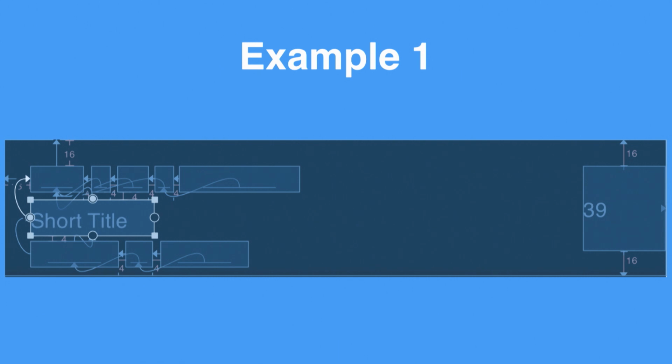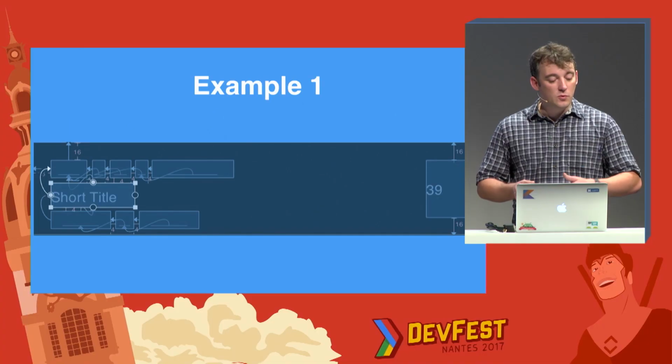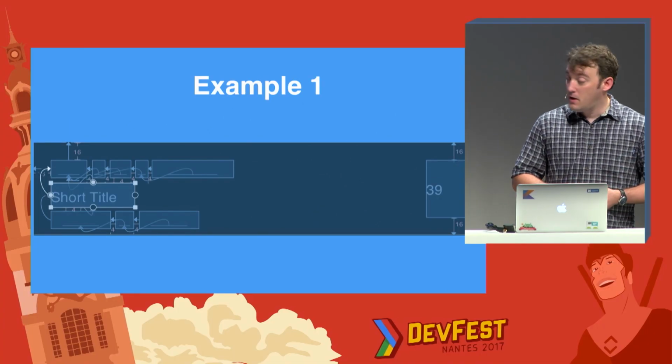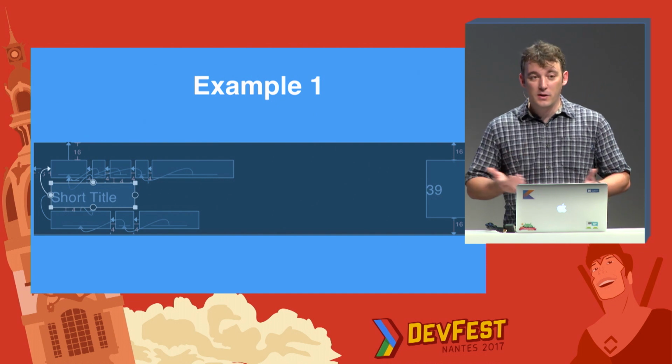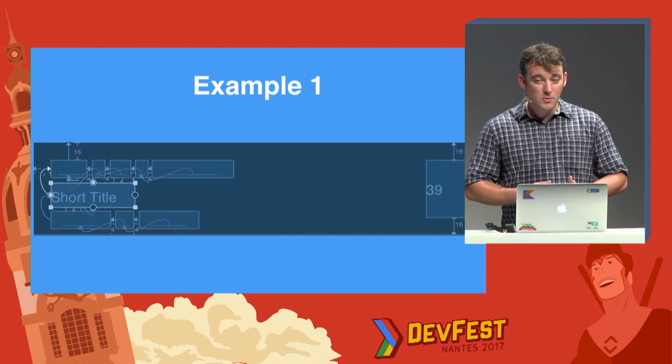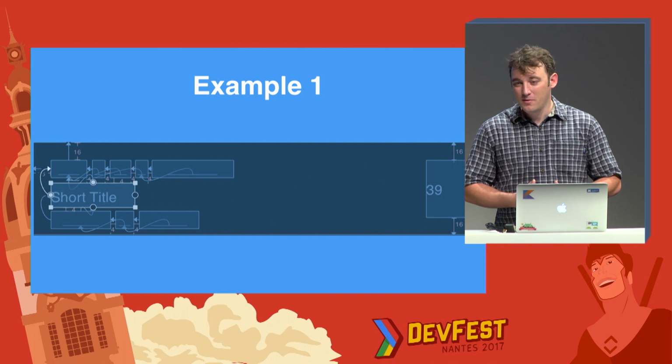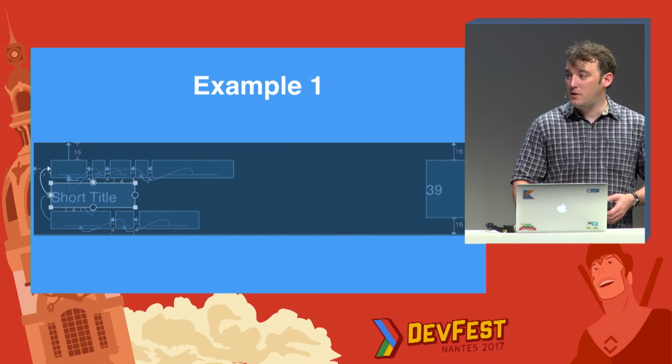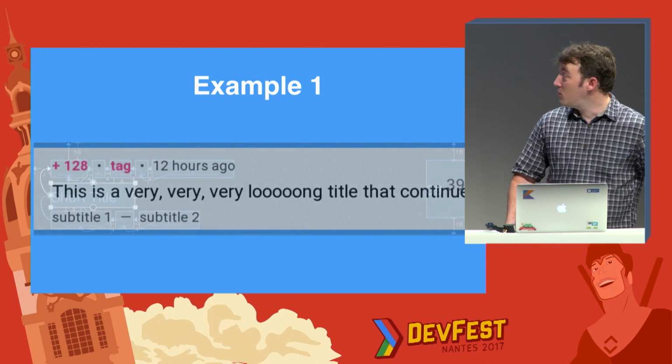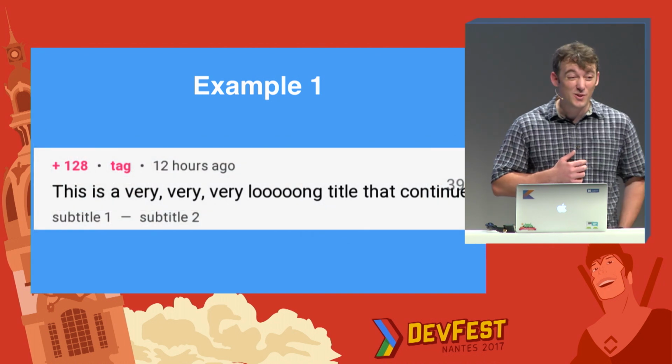Here, it just happened to be different separate text views; there could be one single text view. You have this short title that's connected to the left of the first one, and at the right of my row, I have this image. It looks fine, until you happen to have a title that's going to stretch too far, and you end up with this, which is probably not what you want.